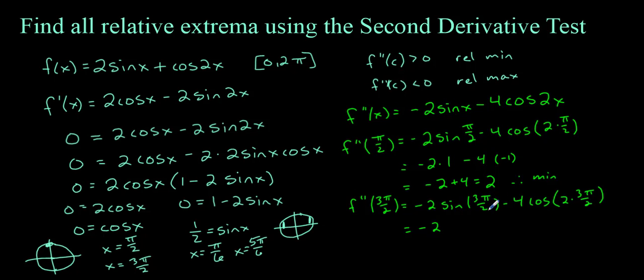Sine of 3 pi over 2 would be negative 1, minus 4, the 2's cancel, cosine 3 pi, negative 1, which equals 2 plus 4, which equals 6. The second derivative is positive, concave up, therefore we have a min.